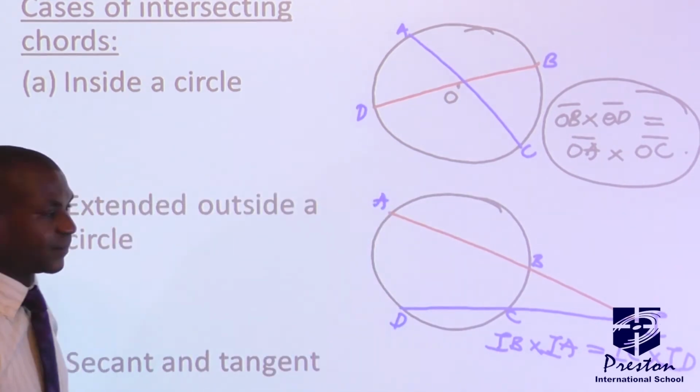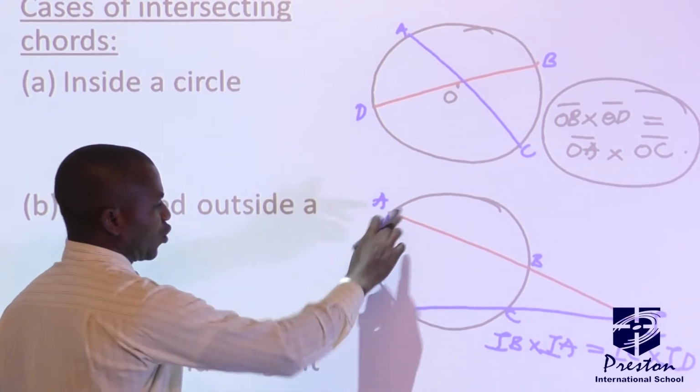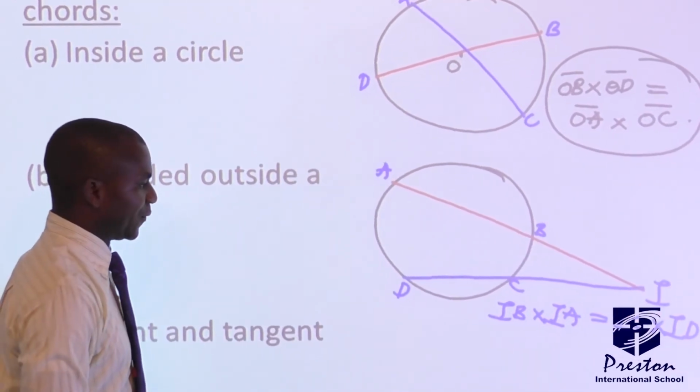That's the second case, when the two chords are extended out of the circle.